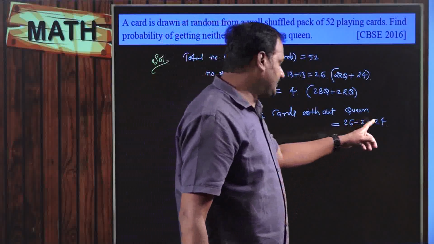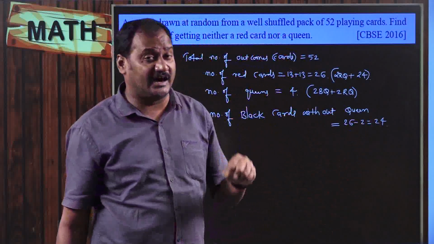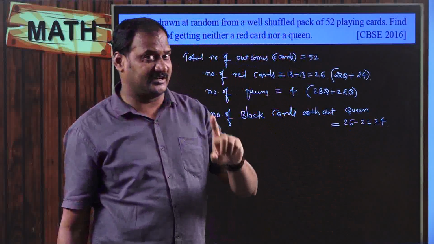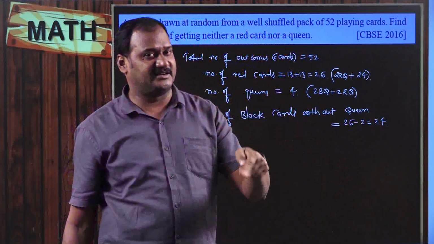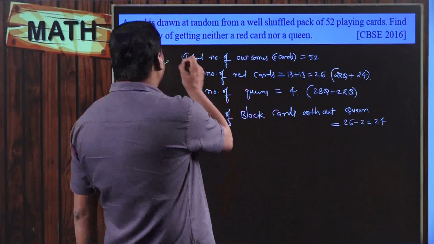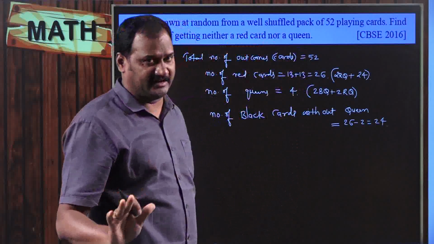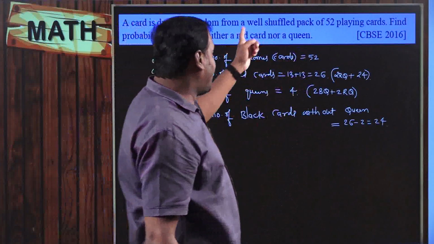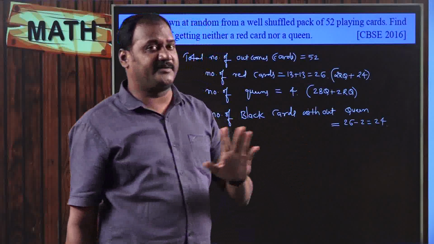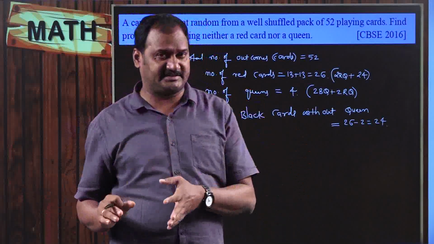So these 24 black cards are nothing but the cards which are neither red nor queen. Hope you understand. According to the problem, we should not get a red card, and it should not be a queen also. So you will have to remove all red cards as well as all queens.